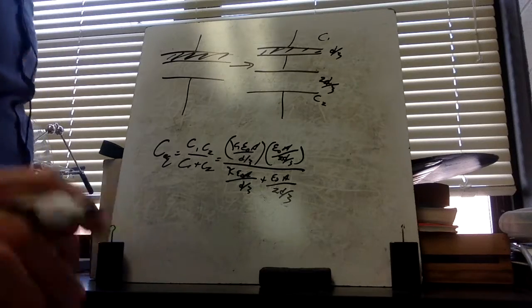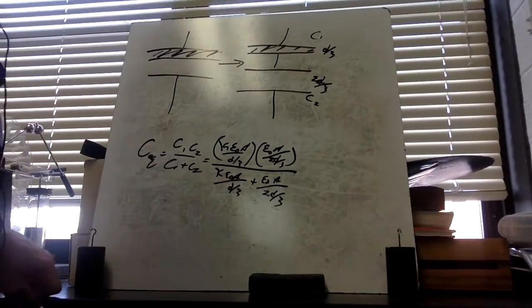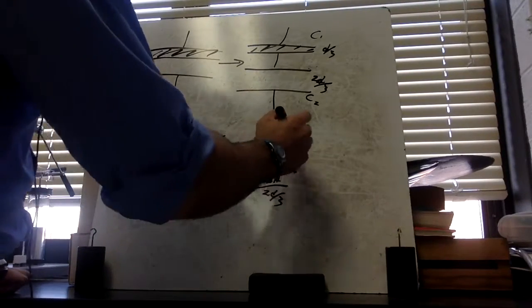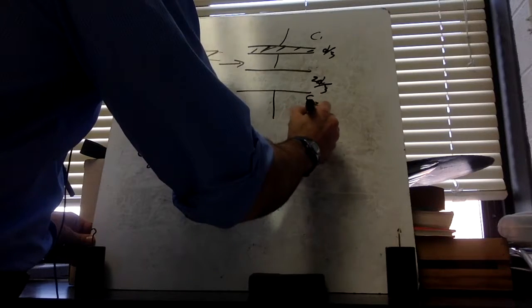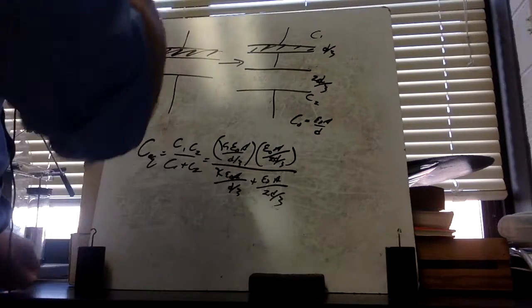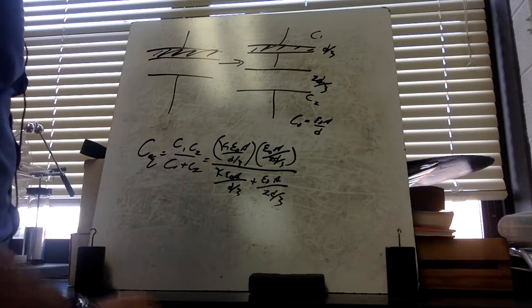Then we simplify, and C naught is just epsilon naught A over d, and we can see that embedded there. So we're going to get this all in terms of that as we simplify.